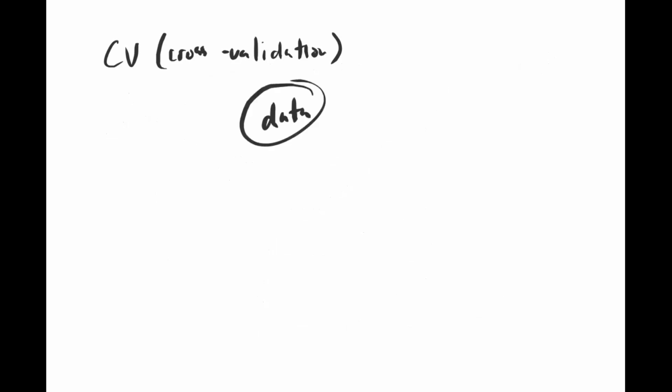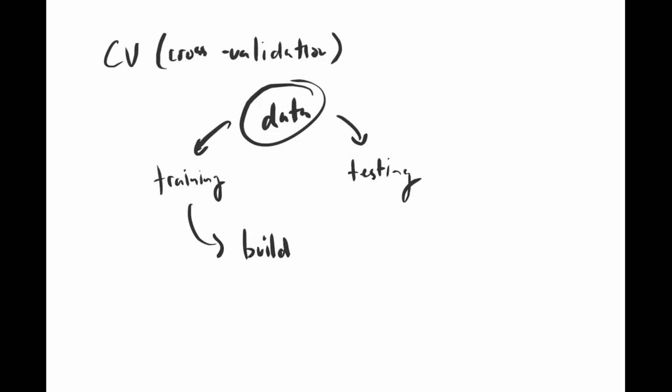which is a generic procedure, as we've seen, that can be applied across a whole set of different approaches. So we split our data into training and testing, and we use the training to build our model.